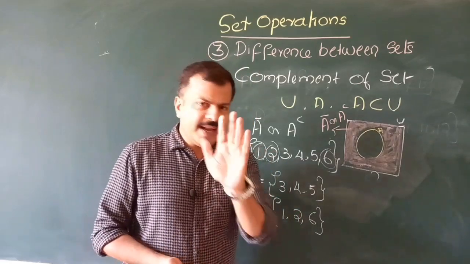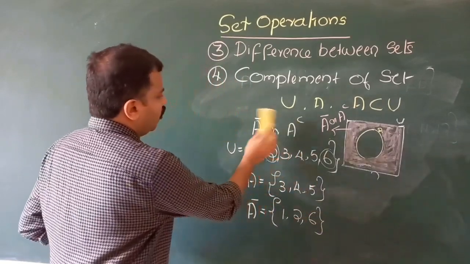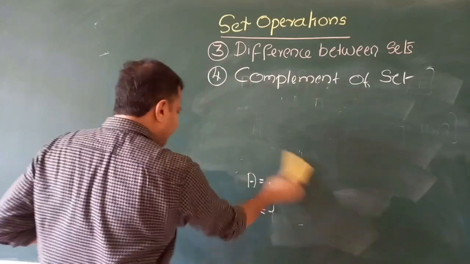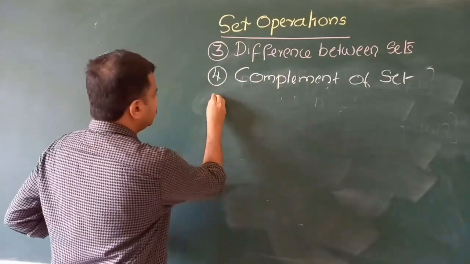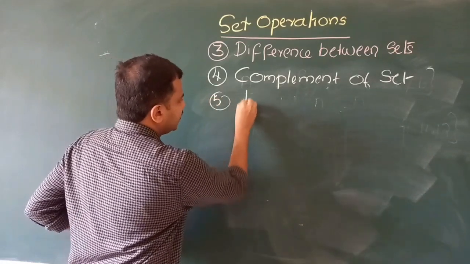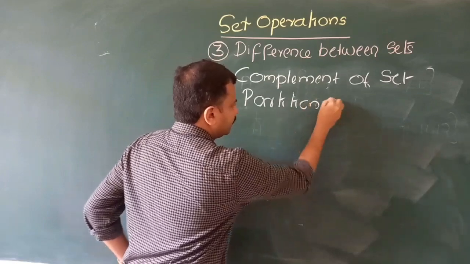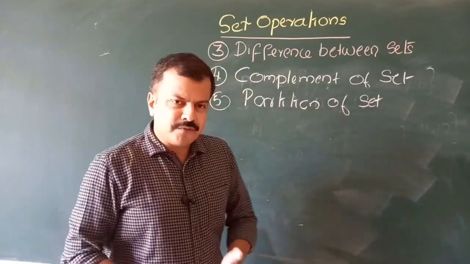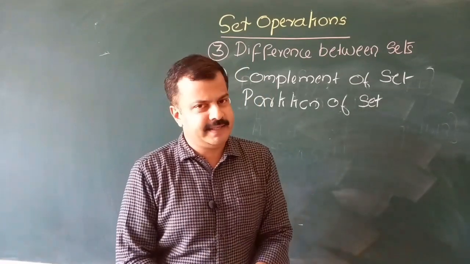Now we will end the set operations with our final one, which is not frequently used, but still is important for our analytical purposes. And now we have the fifth and final one, which is the partition of a set. Partition of a set means you are trying to divide a set into a number of disjoint sets.